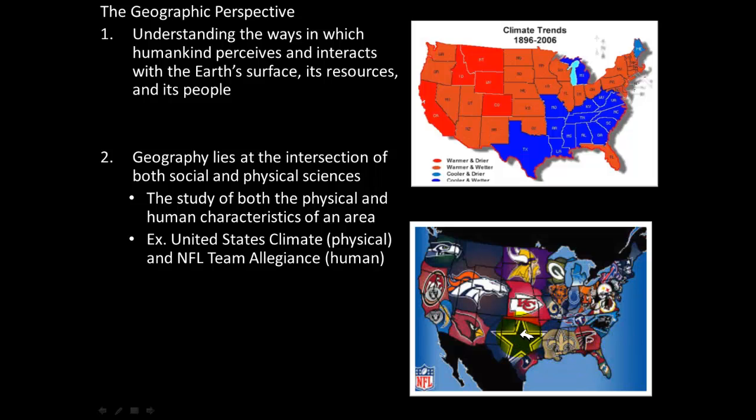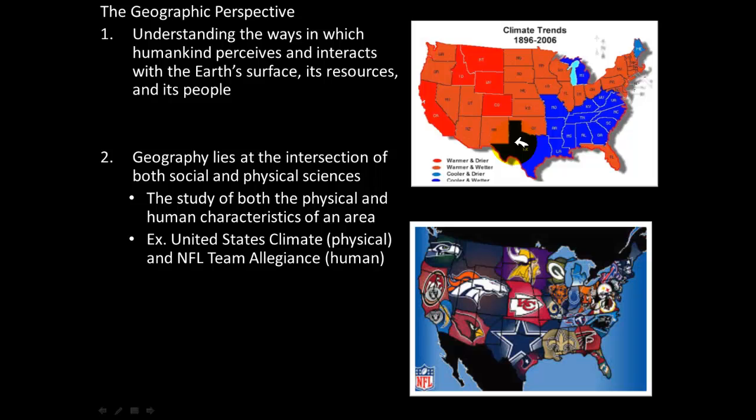In South Louisiana, you have a lot of Saints fans. Now, actually, this map is a little bit off, I think, because believe it or not, most of North Louisiana are Cowboys fans. So the Cowboys should probably take most of North Louisiana, but the Gulf Coast region and South Louisiana are diehard Saints fans.